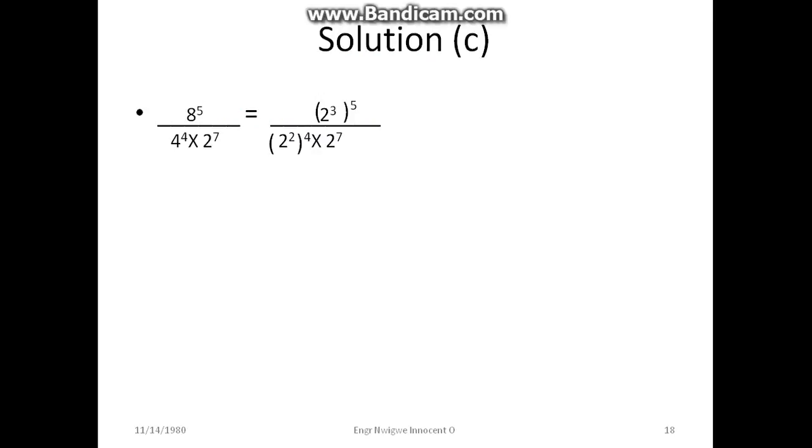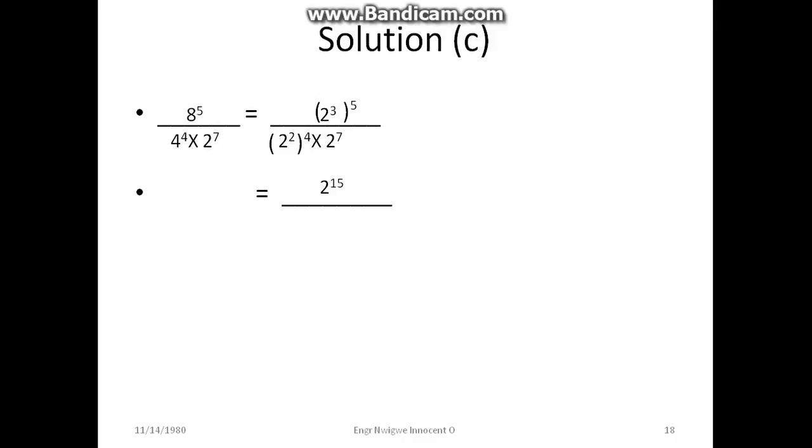Therefore, we have the numerator to be, since our seventh law states that anything in bracket n times is a multiplication. Bracket means multiplication.